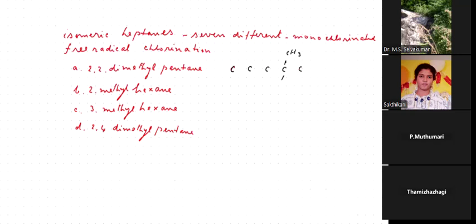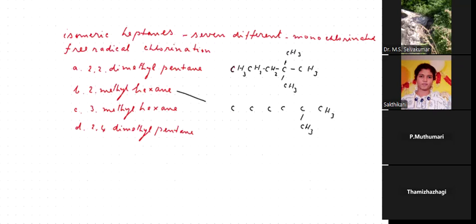So 2,2, CH2, CH2, CH3. So 2,2-dimethyl pentane is this. And the second one, 2-methyl hexane. 1, 2, 3, 4, 5, 6. Second position, methyl group is attached.